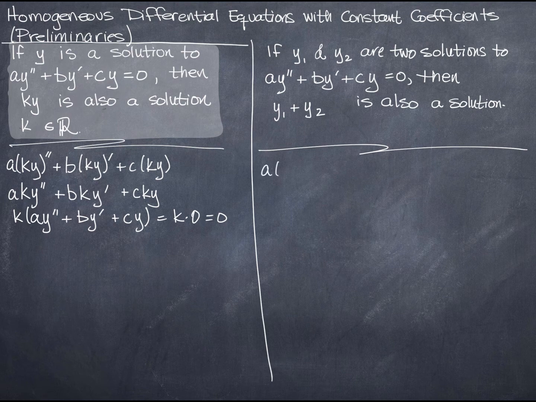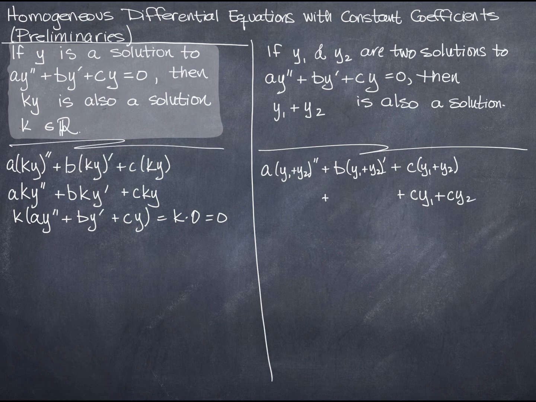We're going to take a y double prime plus b y prime plus c y, and replace the y with y1 plus y2 in each case. Then we'll work out what that looks like and see whether we can compare it to the original differential equation. I think I'll start with my last term again. I think that's just a little bit easier. I have just pure distribution here, c y1 plus c y2, that's just algebra.